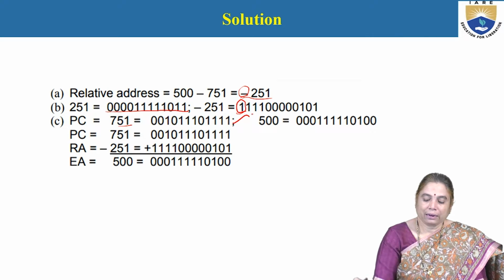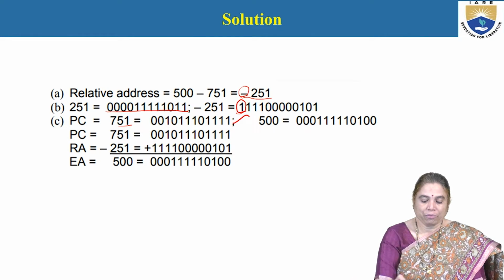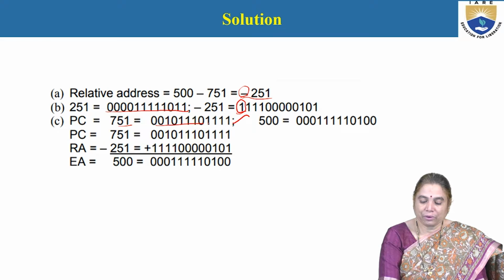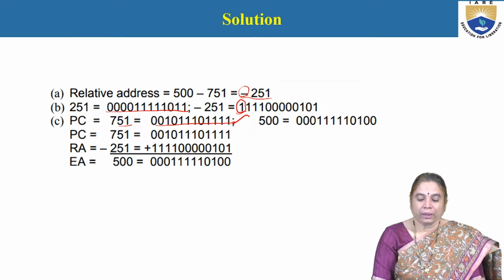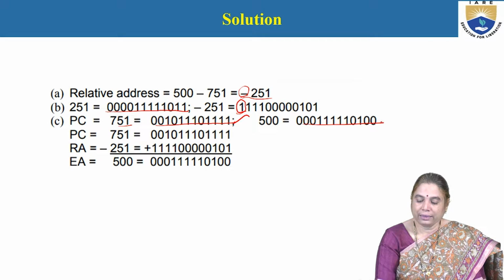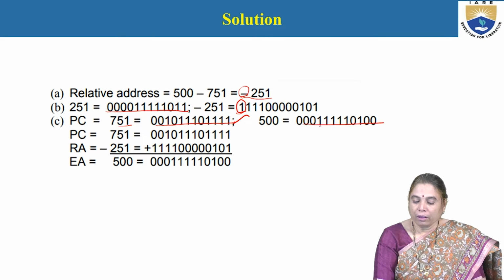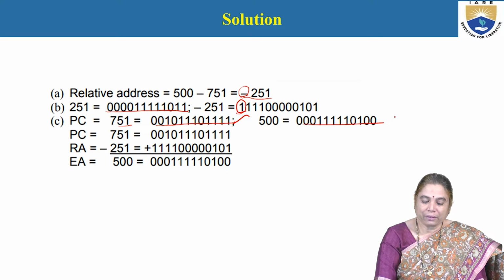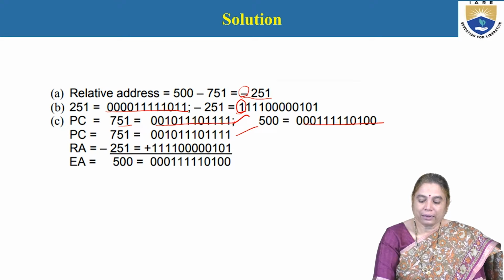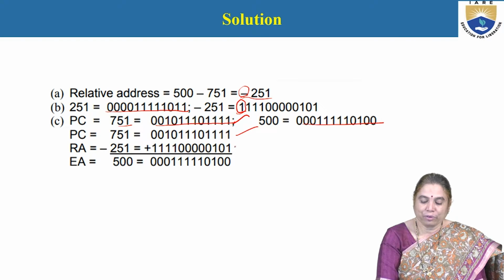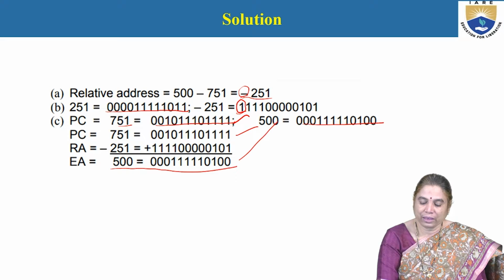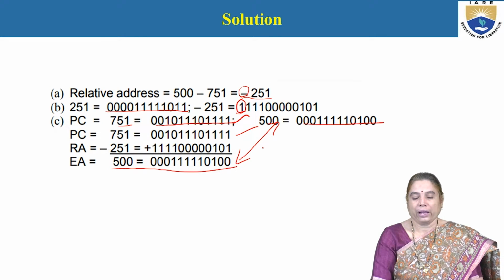The binary equivalent of 751 is 001011101111, and the binary equivalent of 500 is 000111110100. The PC value and the relative address minus 251 have to be added using 2's complement addition. So the effective address is 500, which is the binary equivalent of 500.